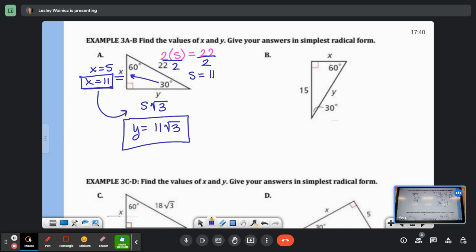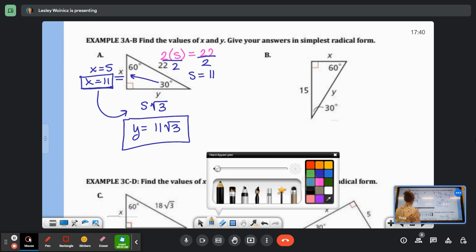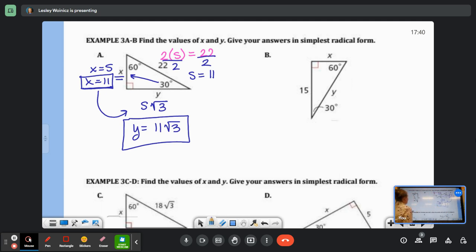All right, let's look at B. Ew, I don't like this one. So x is my s, y is my 2s, and 15 is my s times the square root of 3. I'm sorry, it's the middle side, so it's the one with the root 3 in it.